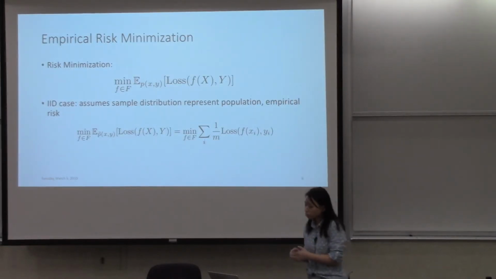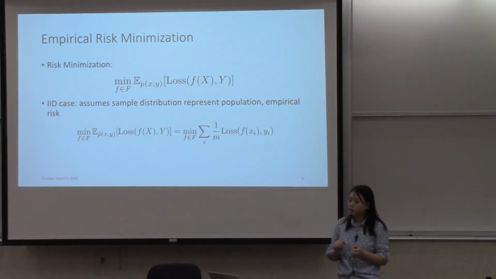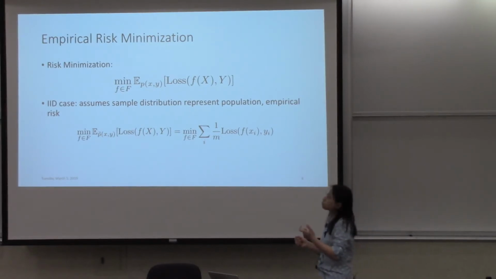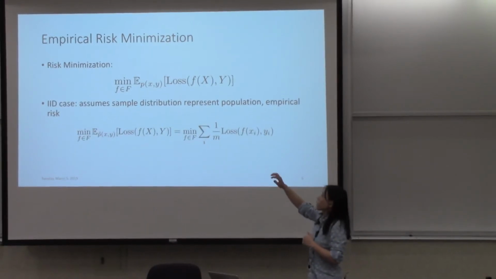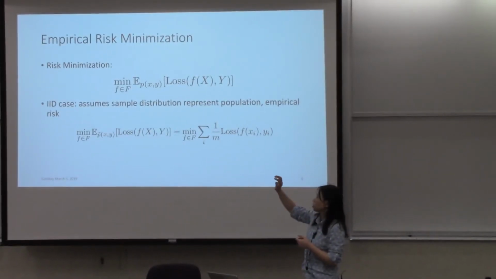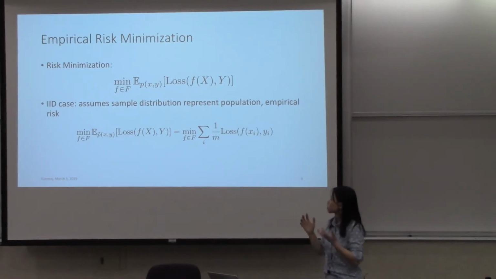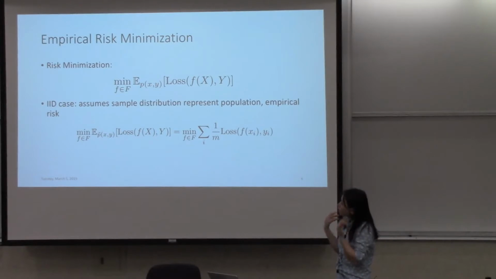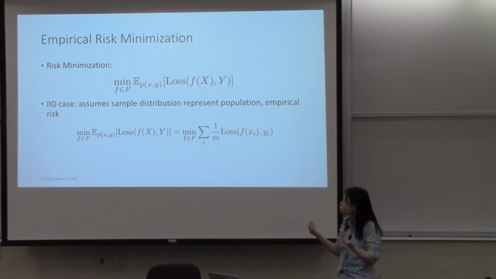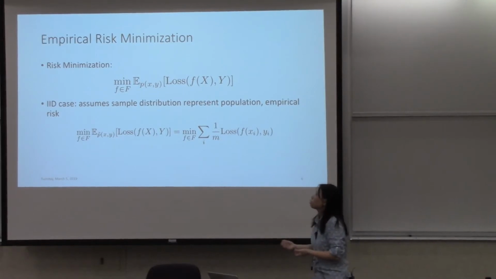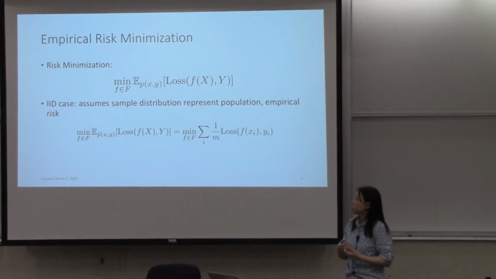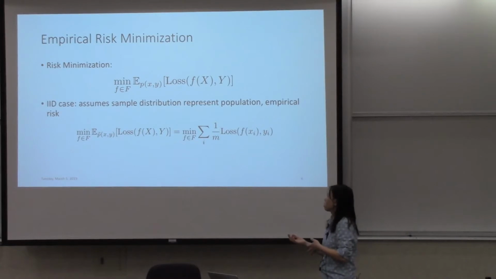So, okay, first let's recap the ERM framework. As I covered a little bit before, you have some loss function defined, and then you have population, Pxy, and then F is constrained in the function class. And then since we do not have the true joint distribution xy, we use the samples to approximate this distribution.